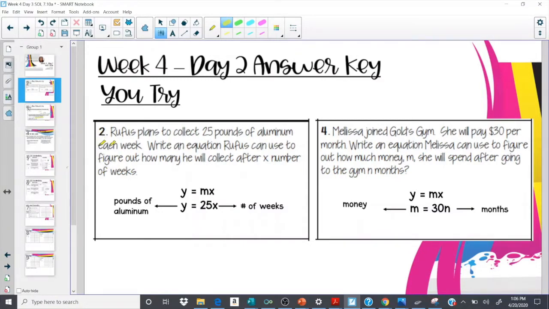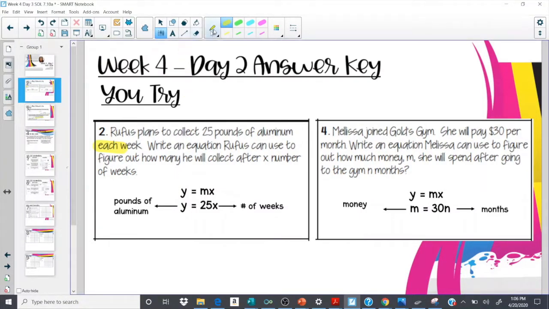And I see the word each. Okay, so each represents a rate of change because something is changing each week. What's changing each week? He is collecting 25 pounds of aluminum. So each week he's adding 25 pounds of aluminum to his collection.